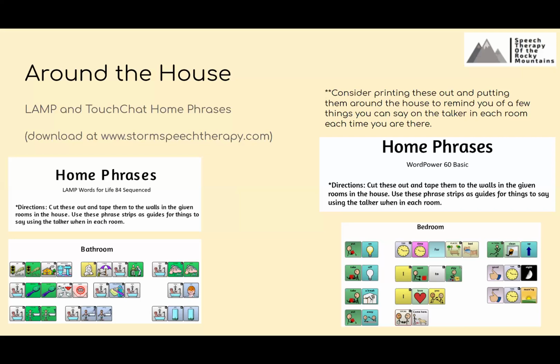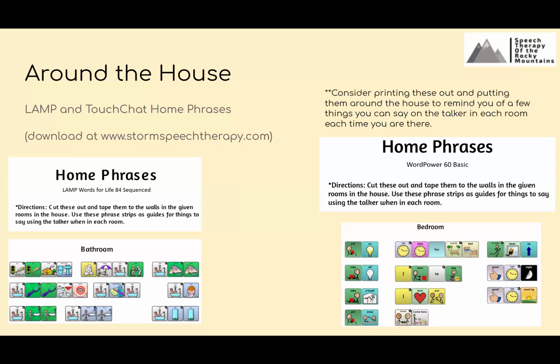Here are some home phrases for the bedroom as well. Just to give you guys some examples, I've got on and off, which you could put right next to a lamp or a light. Take a break, put away, time for bed, I want to play, I love you, come here, clean up, good night, and good morning.